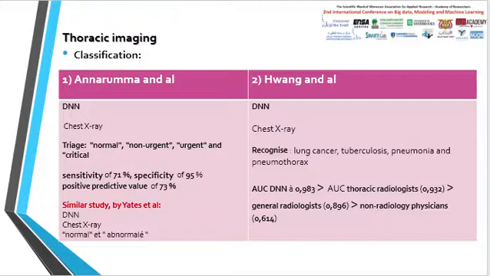The first team found that the model is able to detect normal X-rays with a sensitivity of 71%, specificity of 95%, positive predictive value of 73%, with a fourfold reduction in X-ray transmission time. While in the second study, they obtained a model performance that exceeded those of radiologists and non-radiologist physicians with an AUC at 0.98.